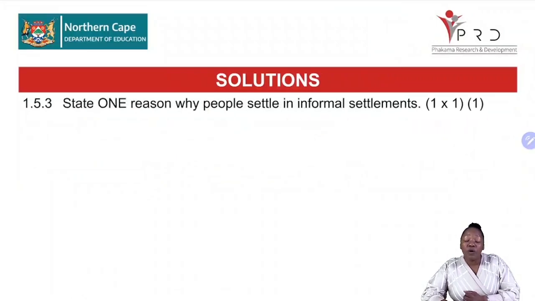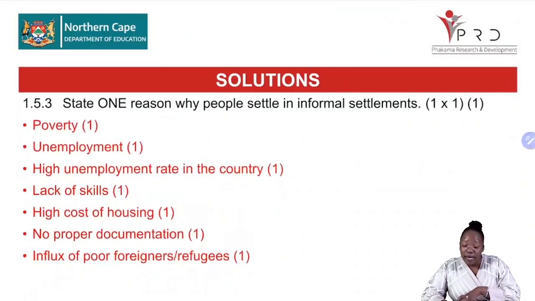Then, your question 1.5.3, you were supposed to give one reason why people settle in informal settlements. Poverty is one of them, and also unemployment. If people are unemployed, they won't be able to buy houses, pay a bond every month, or rent every month.